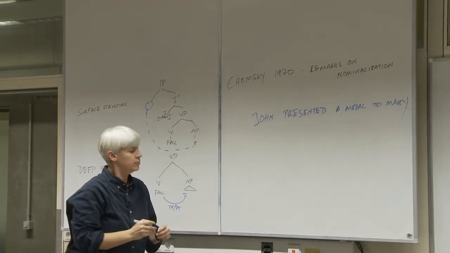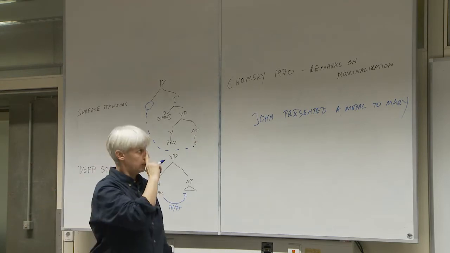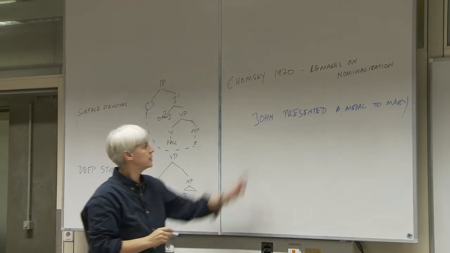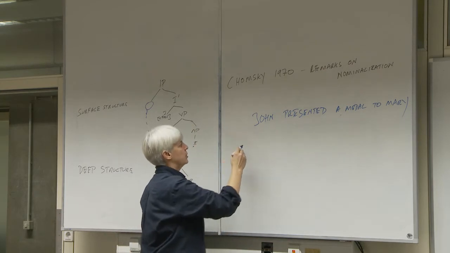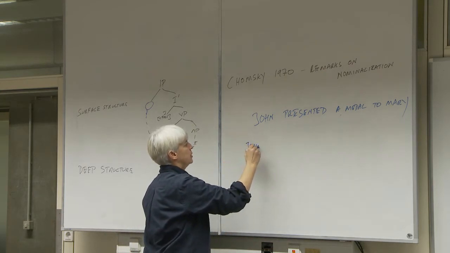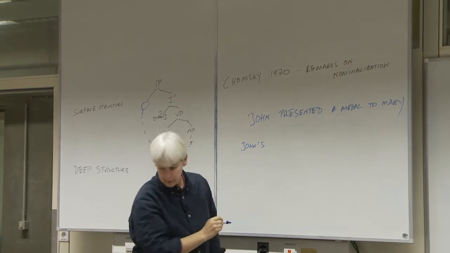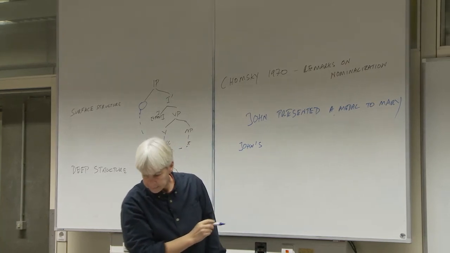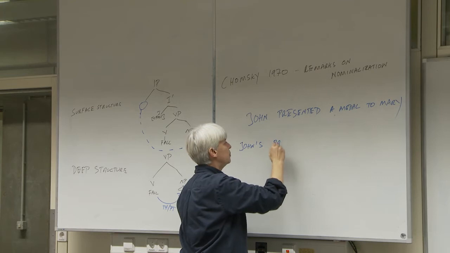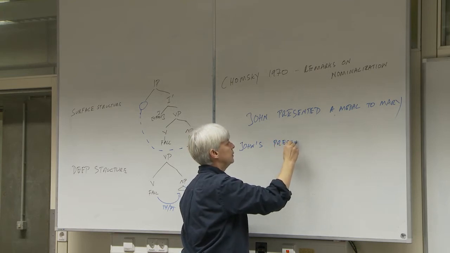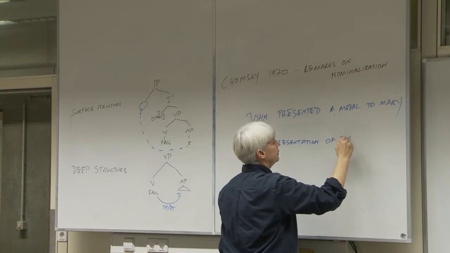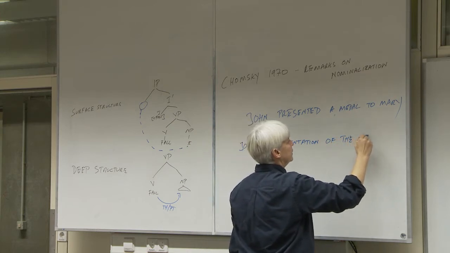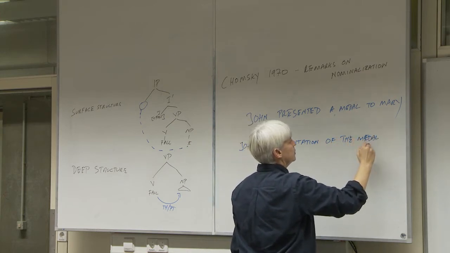In LFG terms, Chomsky would analyze this differently, but for us, subject, object, oblique. And you can nominalize it, right? So you can get John's presentation of the medal to Mary.